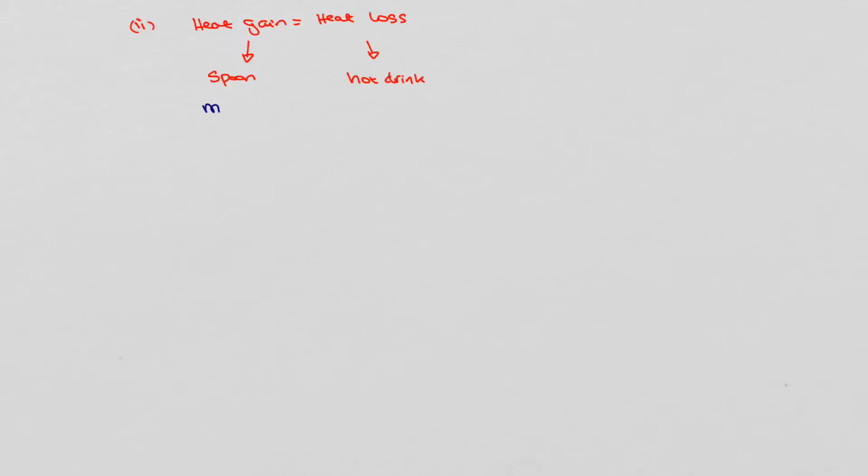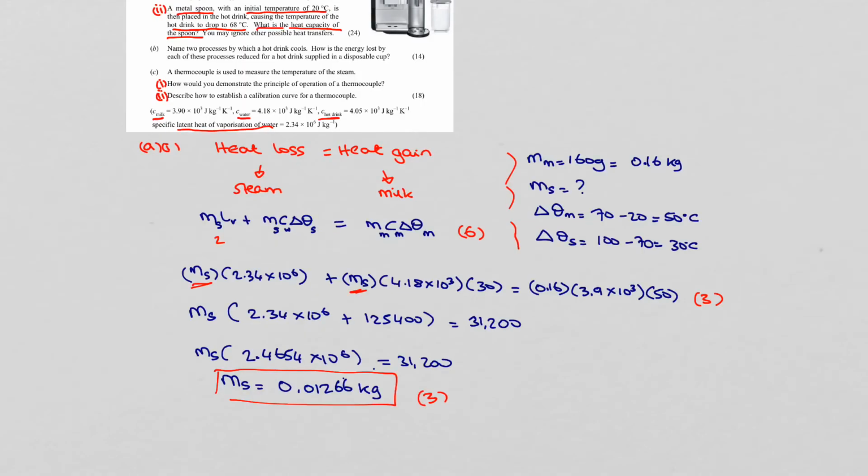So we're going to have MC delta theta equals change in temperature for the drink, so MC delta theta. So we're going to have mass of the spoon. But again, if we go back, no mass of spoon has been given to us.